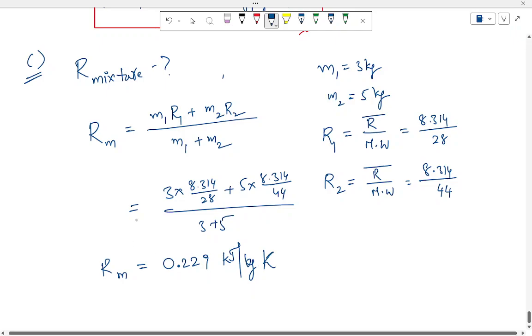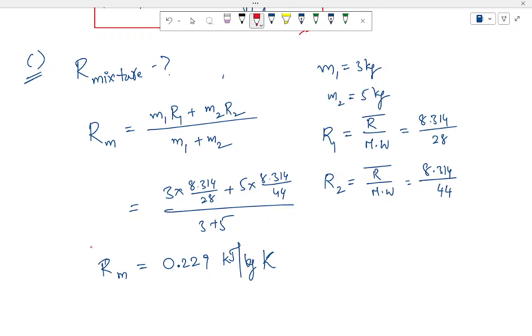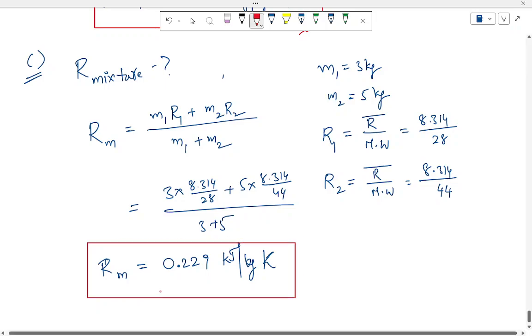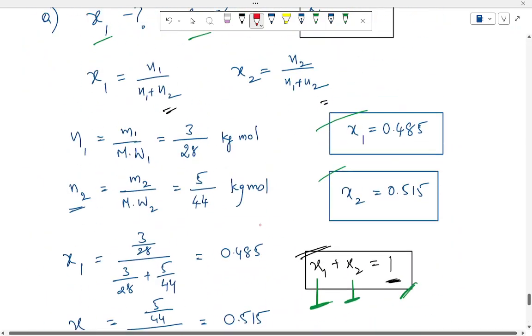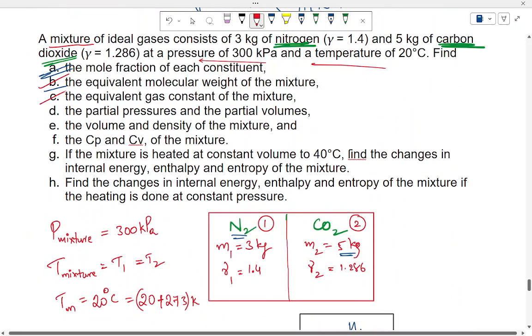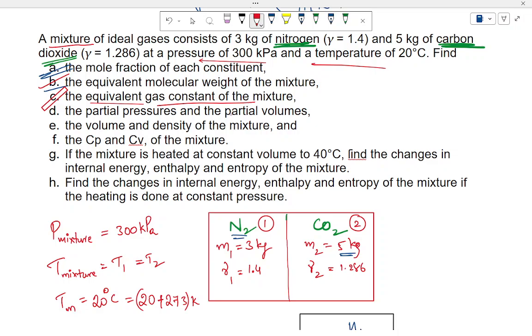That is the Rm value that he is asking you to find out. So you have found out the C question, the R mixture value is done, or the equivalent gas constant you have found out. That part is done.